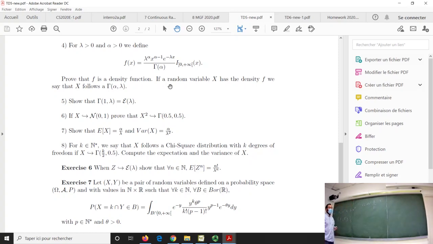Okay? Because I have a chi-square defined as a gamma, and I have the expectation and the variance of a gamma here. And for the variance of X, I have to take alpha equal to k over 2 in the expression, and divide by lambda square, that is just 1 over 2 square, and I obtain 2k.